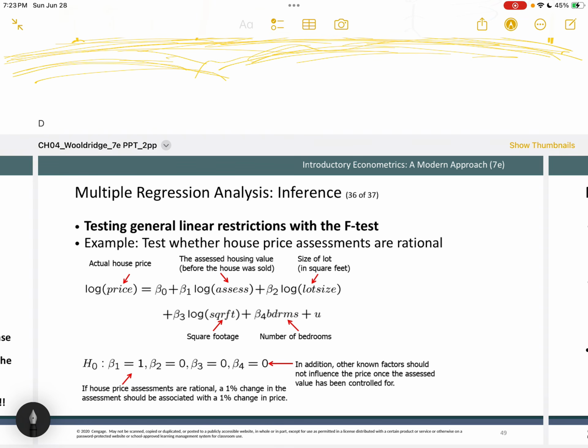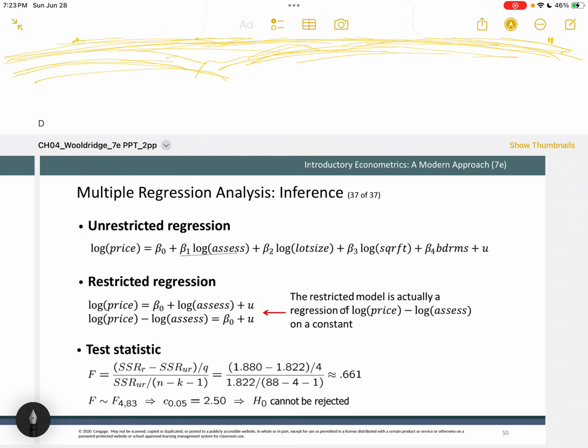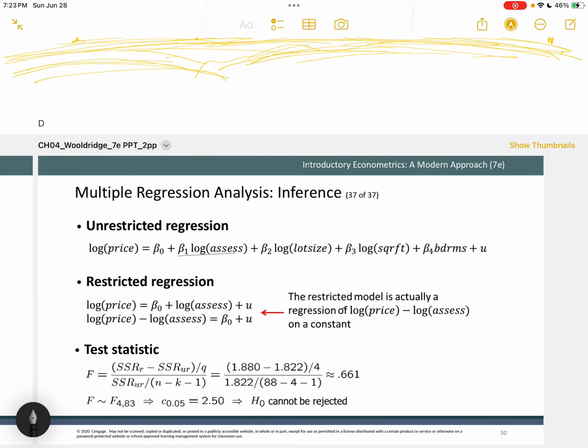So that is why in the null, beta 1 equals 1 as the baseline. And all the other betas are set to 0. Meaning that all other known factors should not influence the price once the assessed value has been controlled for.